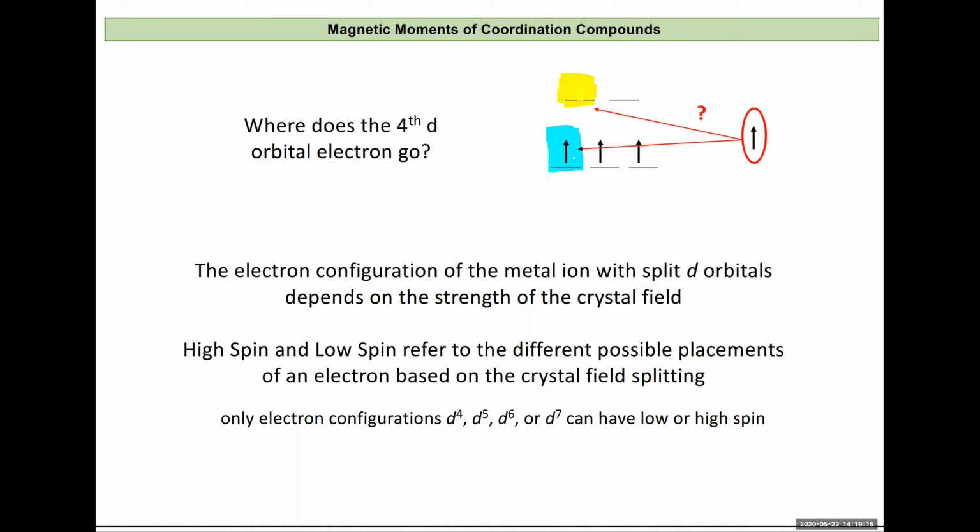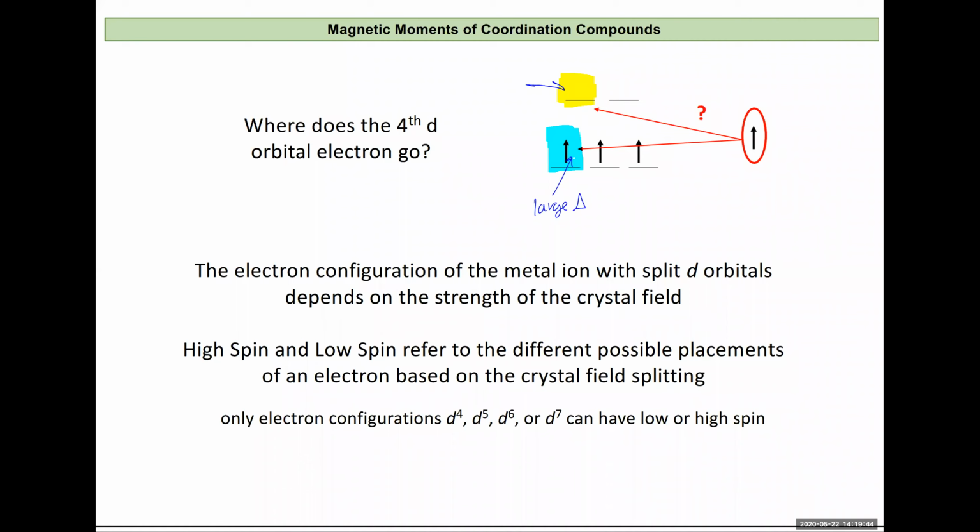Any electron configuration with a metal ion that has more than three of these electrons is going to have this question, and it'll depend on the size of the crystal field splitting energy. If the crystal field splitting energy is very large, then we're going to pair it up right away in the bottom level.